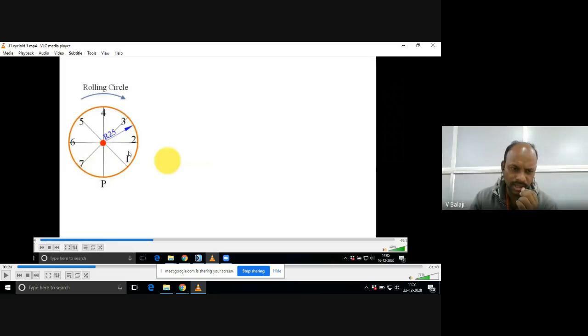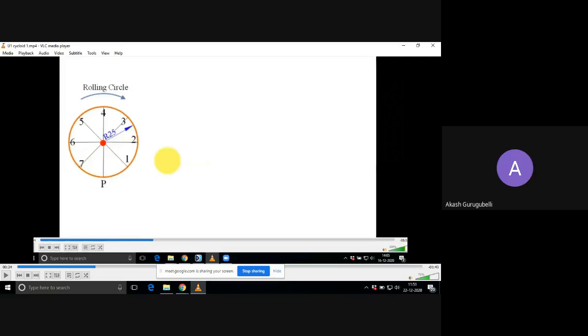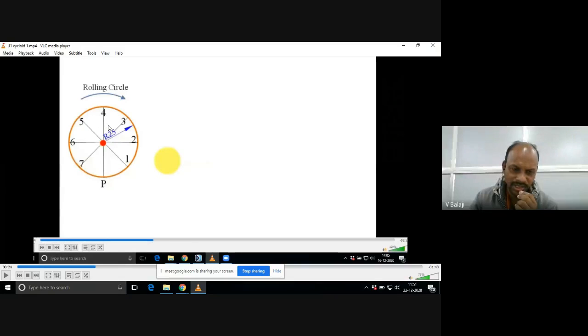Draw one circle and divide it into 8 parts. You can also take 12 parts. How to divide into 8 parts? Any idea? Four diameters, sir. Yes, 360 divided by 8 is 45 degrees.